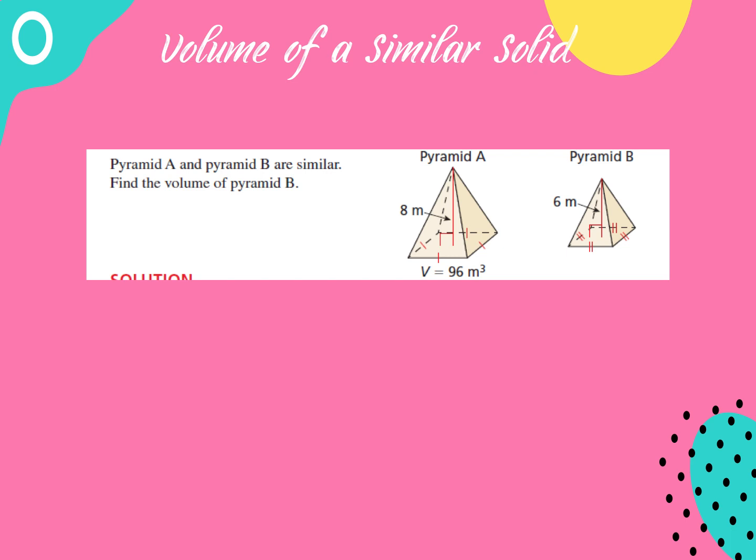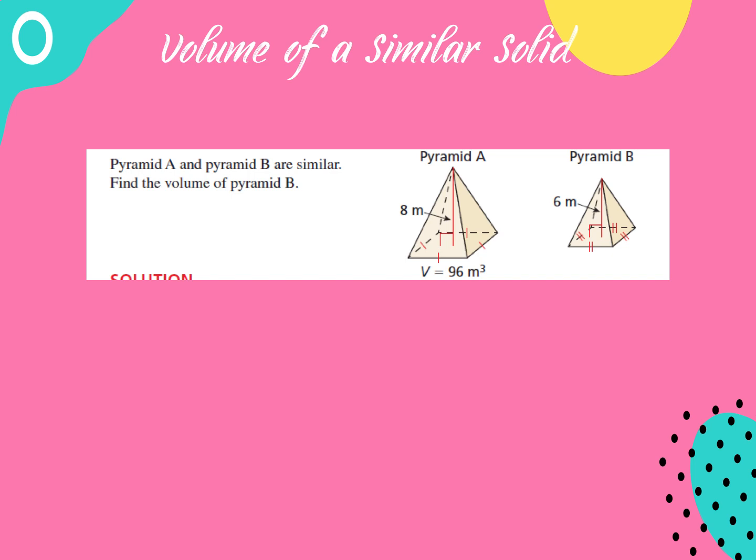Okay, so here's our similar solid question. So again, I can do this just like I did when I did the prism. So what we can do is you can either set it up, find your K value and cube it, or what I think is easier is if you go ahead and set this up. Now you can choose. You can either do A over B or B over A. It doesn't really matter.